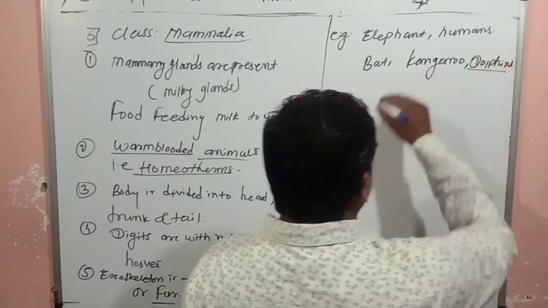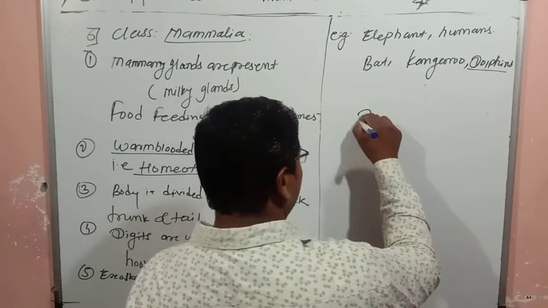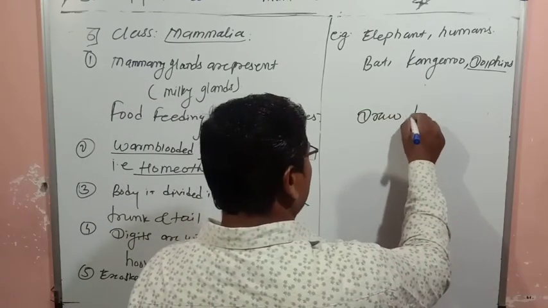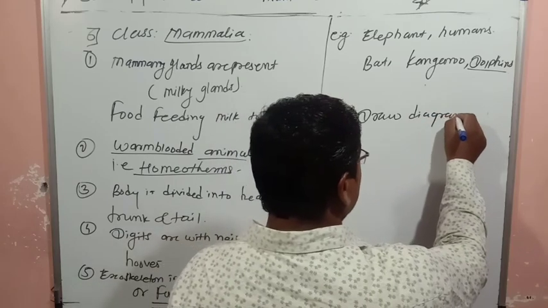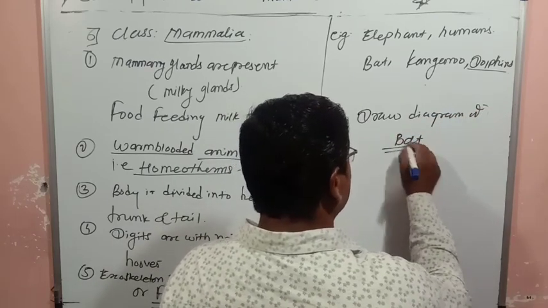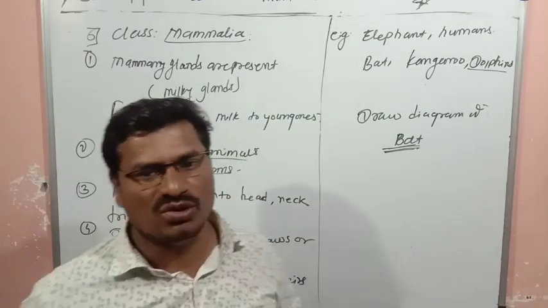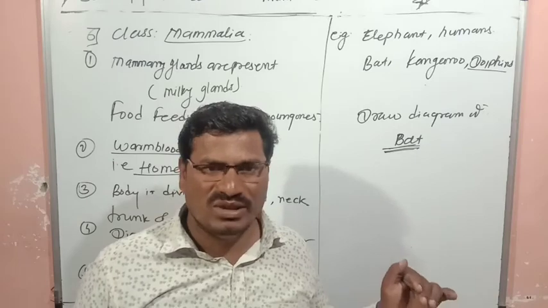These are the examples. You can draw the diagram of a bat from the textbook. So these points we have to write.